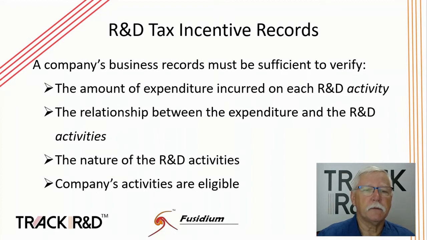That is, for each core and supporting activity, you should be able to show how costs have been apportioned to each. This is critical to demonstrating the relationship between the eligible R&D activities and the eligible expenditure.